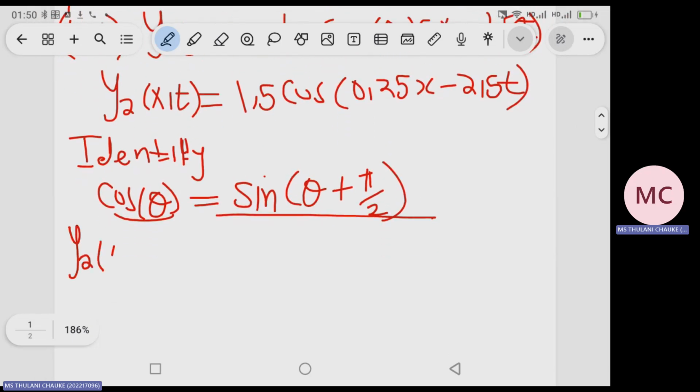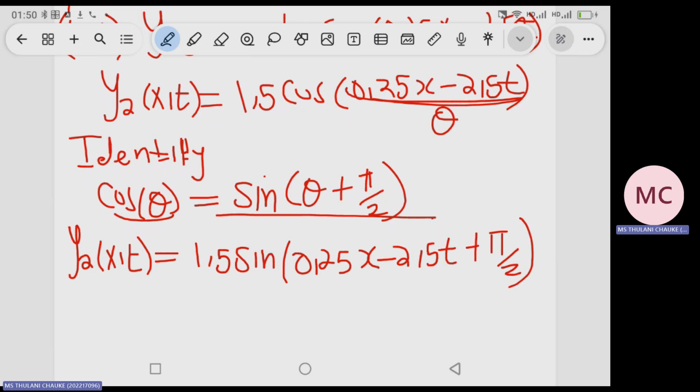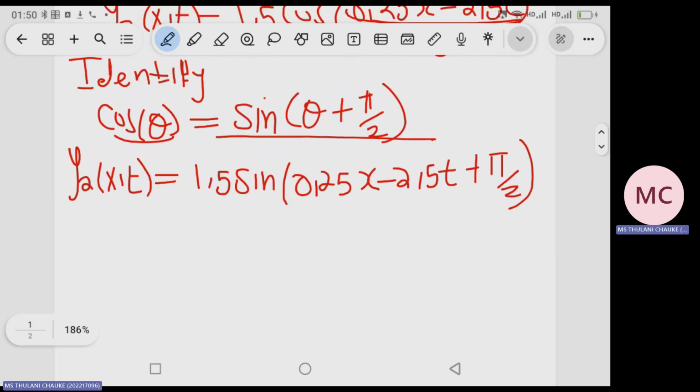Meaning that for y2, we'll do this. y2 will be equal to 1.5 sine of, so our angle is this, right? This is our theta. So we'll say 0.25x minus 2.5t and then plus pi over 2. So this one will be our second equation.